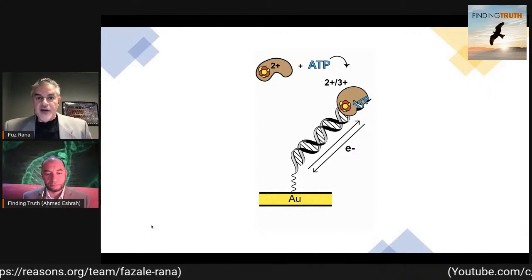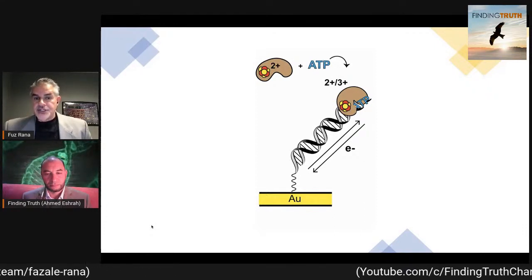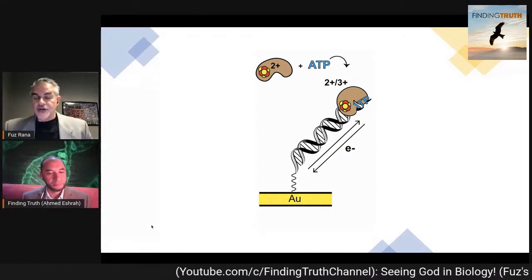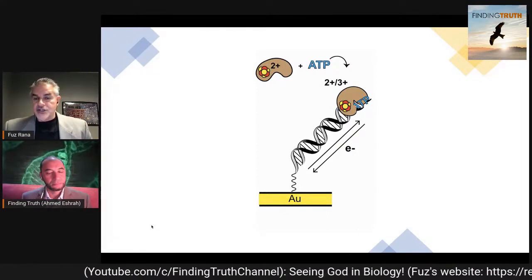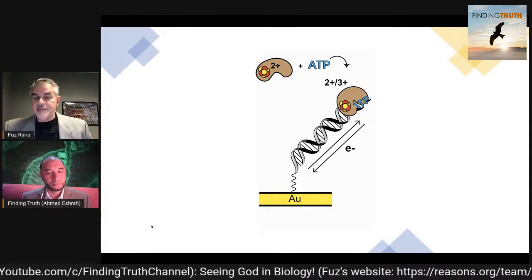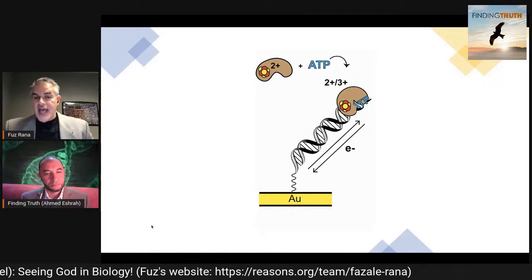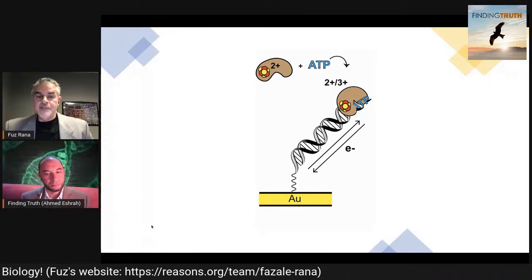This is a very common structure that you see in biochemistry, an iron sulfur complex that is essentially a cofactor with enzymes. And it turns out that a lot of the DNA binding proteins actually have this iron sulfur moiety.